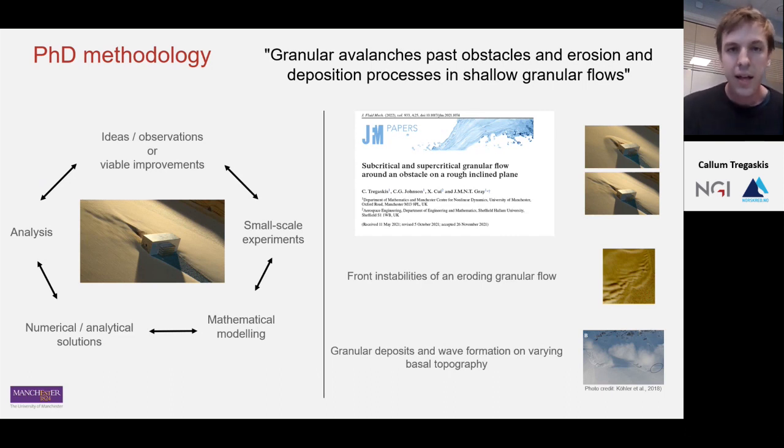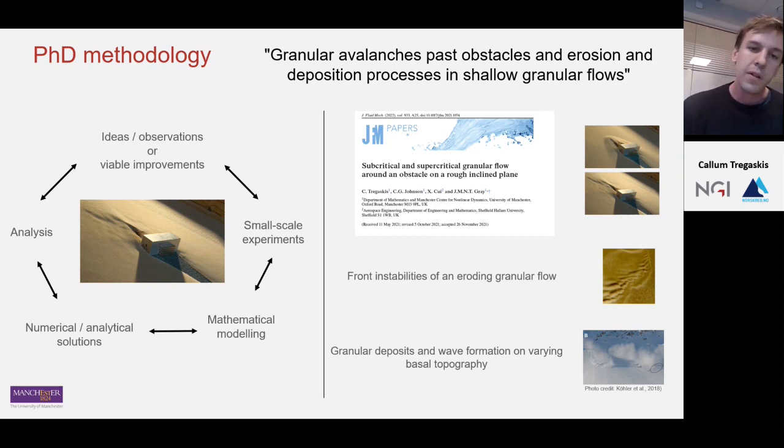So I looked at 3 research topics during the course of my PhD on granular flow. The first was on obstacle interaction, and how the inflow conditions and the flow interacting with an obstacle change the flow around the obstacle.